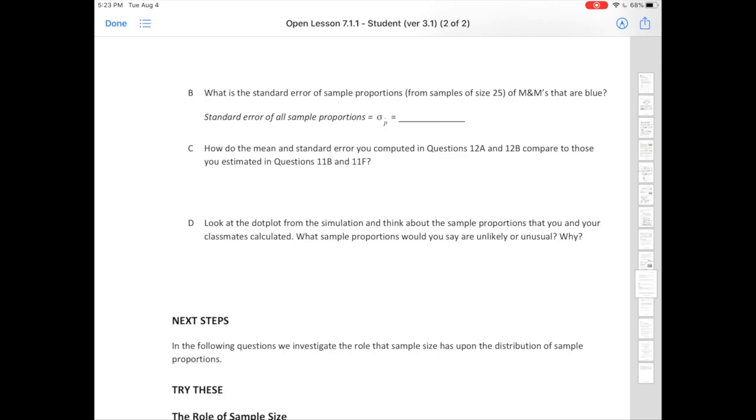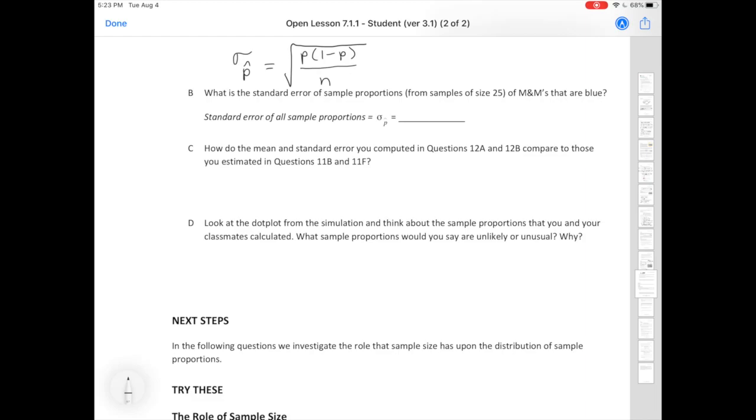Remember, the formula is equal to the square root of p times 1 minus p divided by the sample size, n.